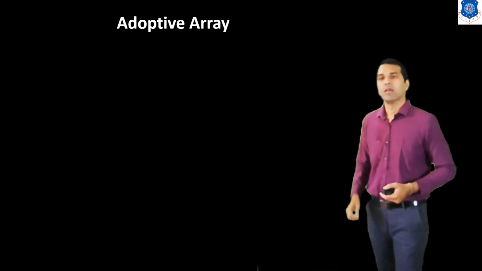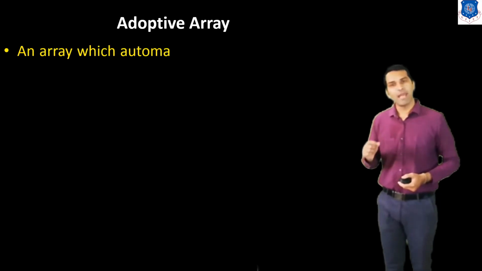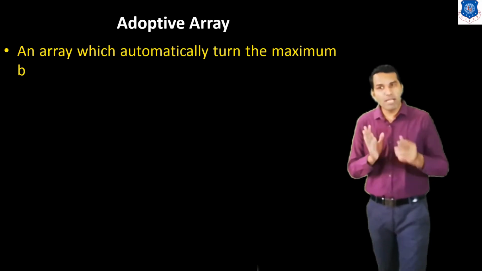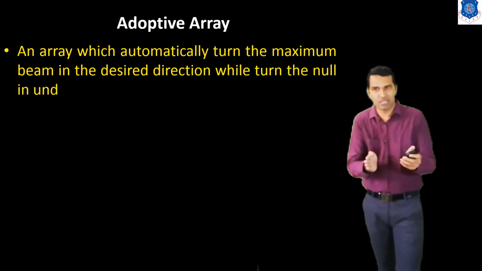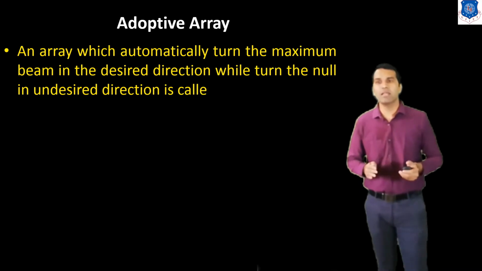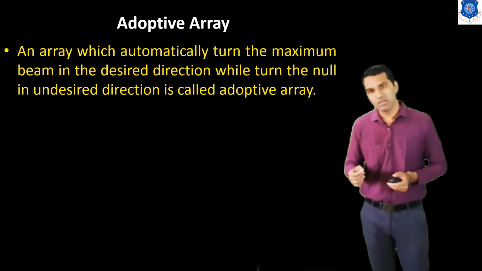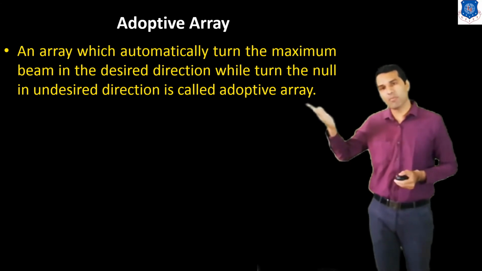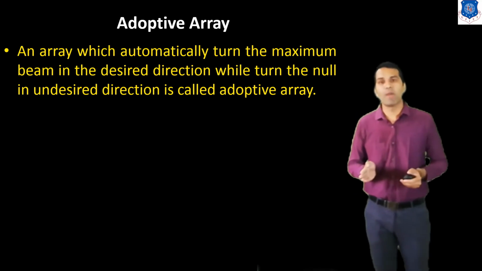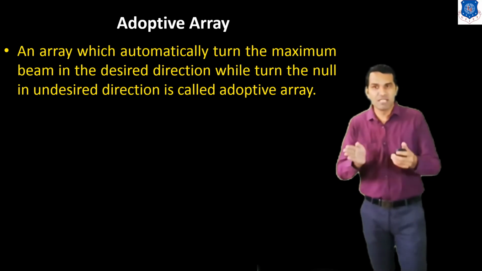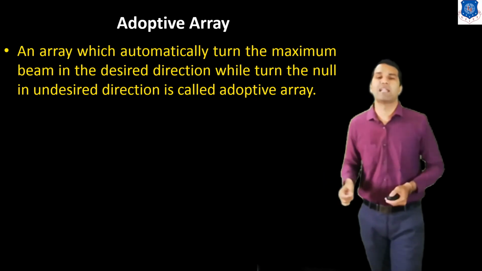And the last one is the adaptive array. An array which automatically turns the maximum beam in the desired direction while turning the null in the undesired direction is called an adaptive array. That means with this type of antenna, we can place our maximum radiation or the major lobe in our desired direction and also a null in the undesired direction.